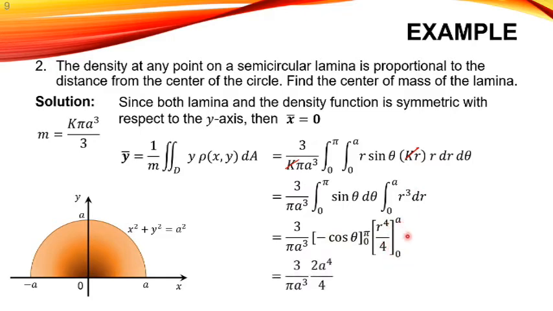Substituting the values, we have the constant times 2a to the fourth over 4. Then combining, we have 3a over 2 pi. That is the y coordinate, meaning the center of mass is at 0, 3a over 2 pi.